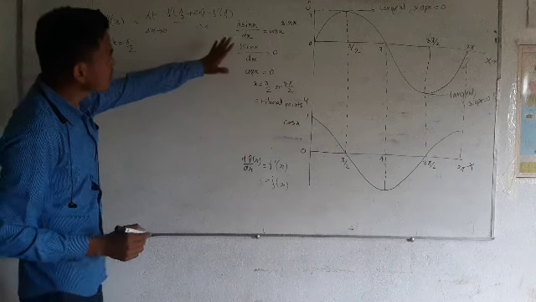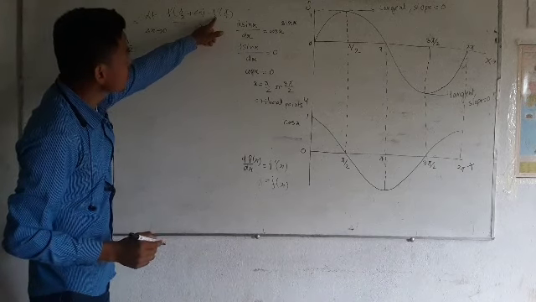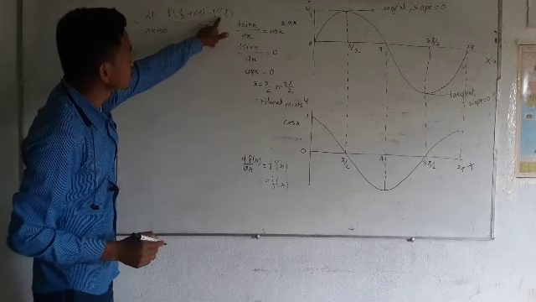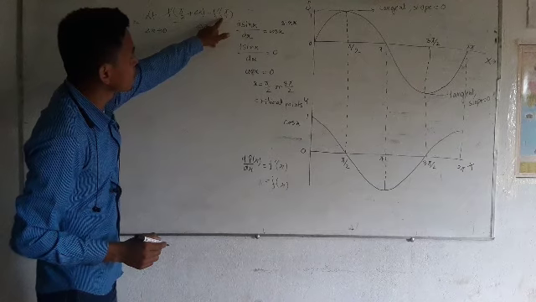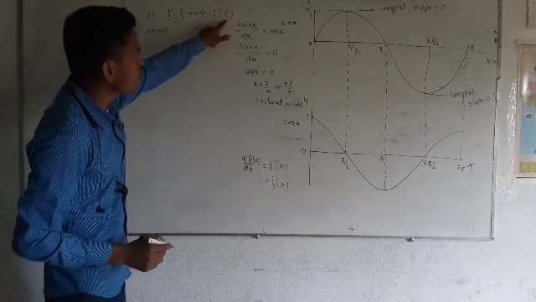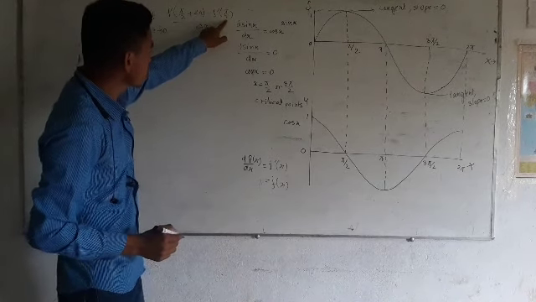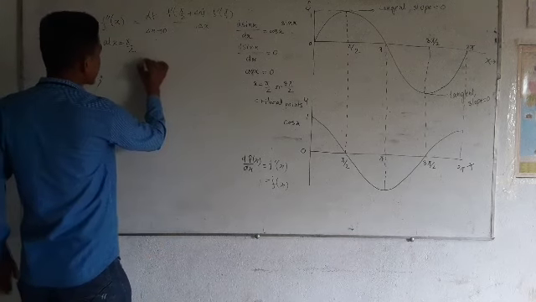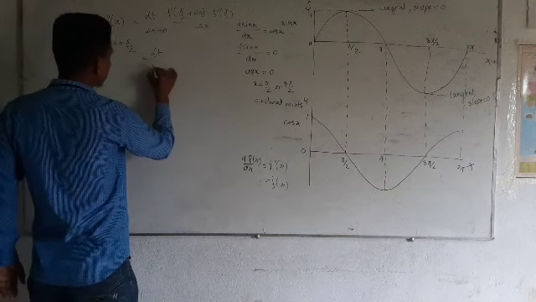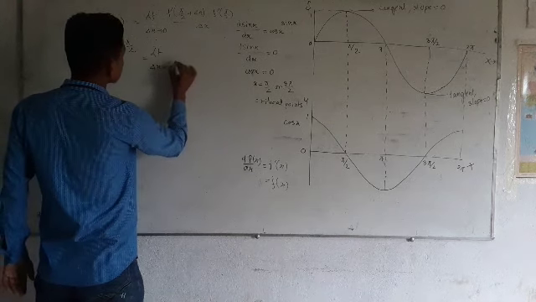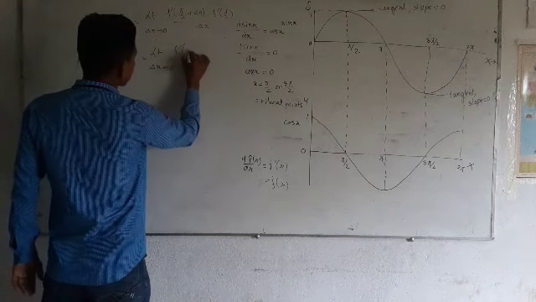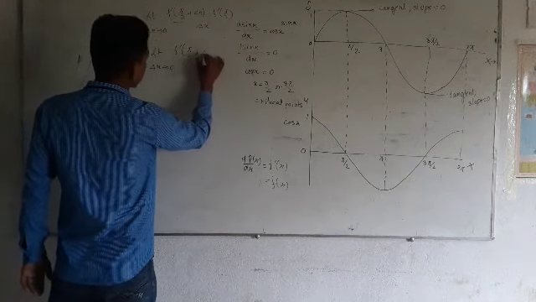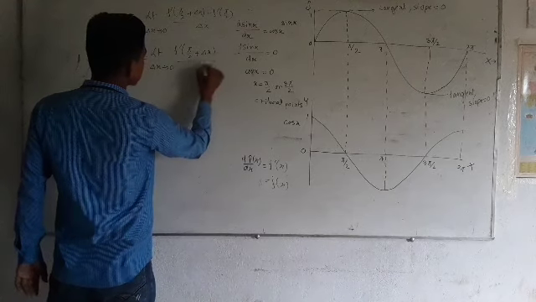But we have already known that the first order derivative of the function at pi by 2 is equal to 0. That is, slope is equal to 0. Therefore, we can write it as the limit as delta x tends to 0 of f prime of pi by 2 plus delta x divided by delta x.